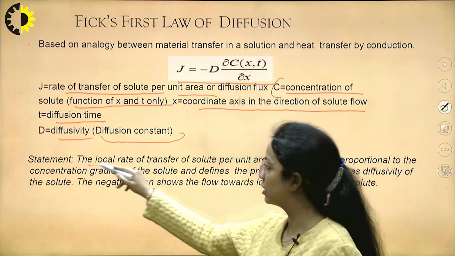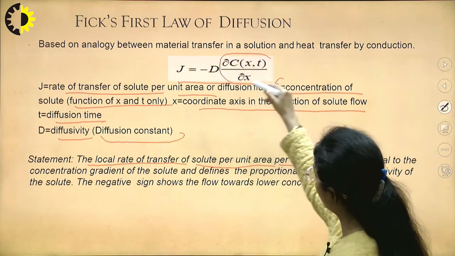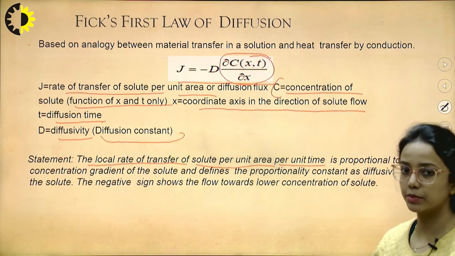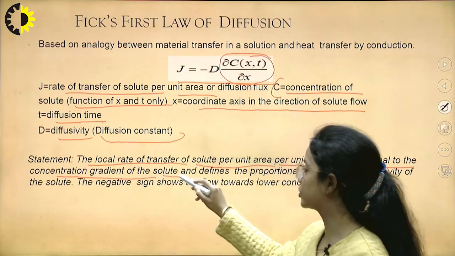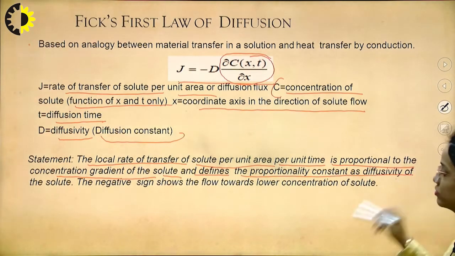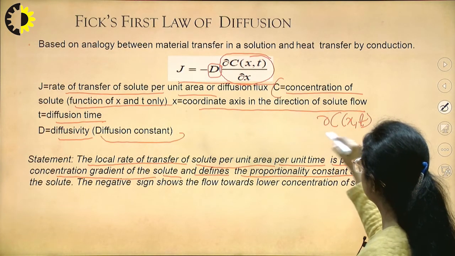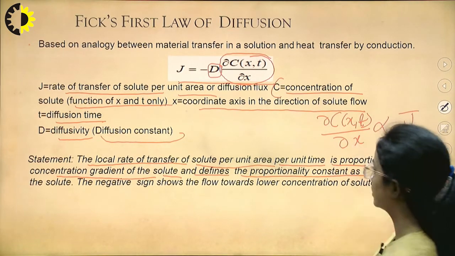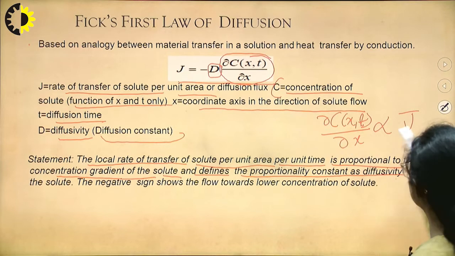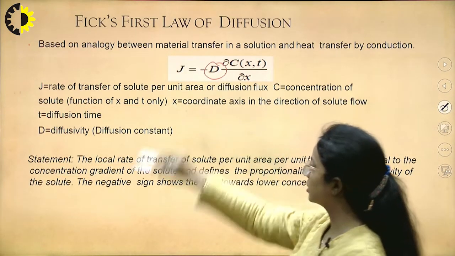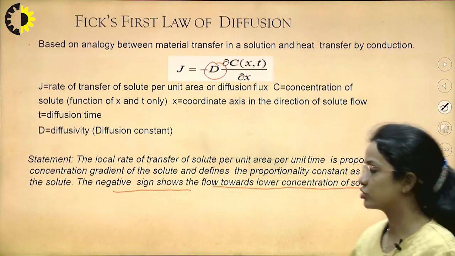The local rate of transfer of solute per unit time, per unit area, is proportional to the concentration gradient of the solute, and the proportionality constant is defined as the diffusivity. So the rate of transfer of solute is proportional to the concentration gradient, and we put in the diffusivity constant D. The negative sign shows that the flow is towards lower concentration of solute, from higher to lower.